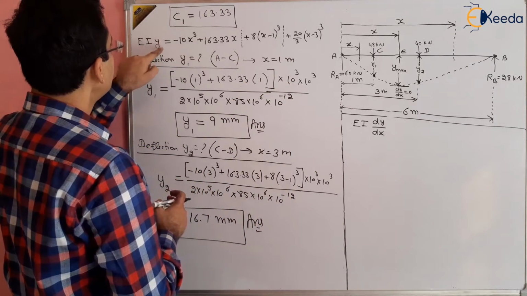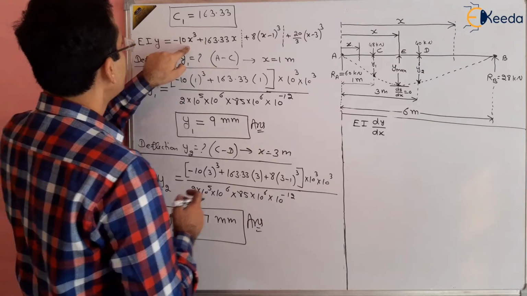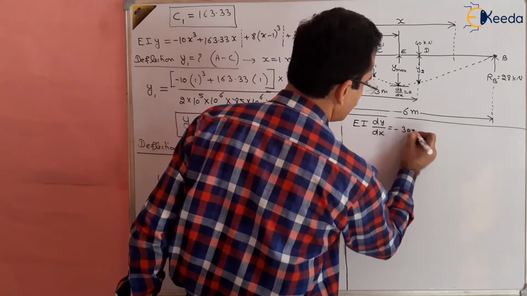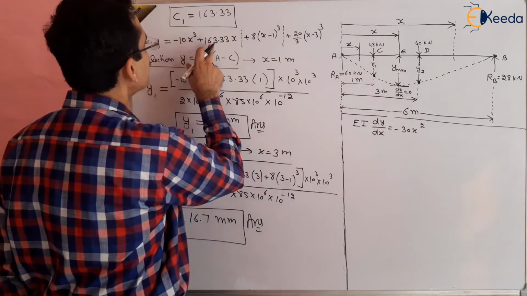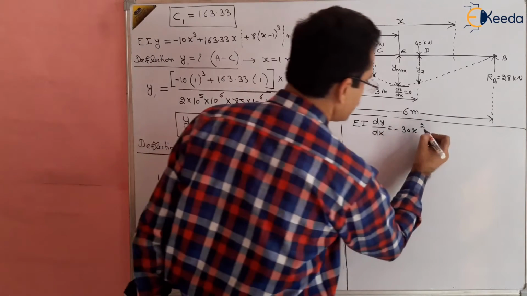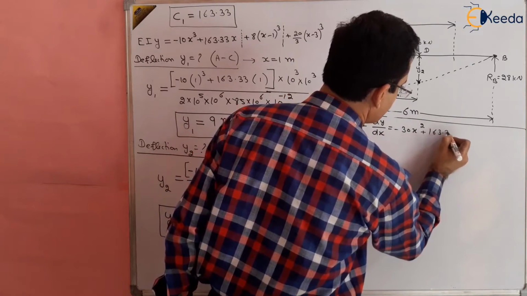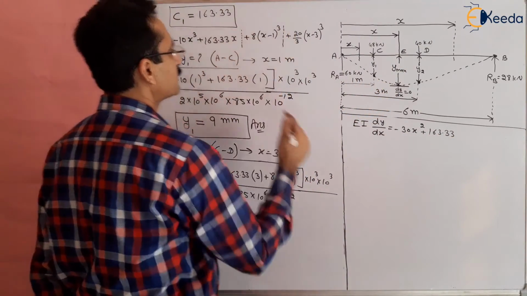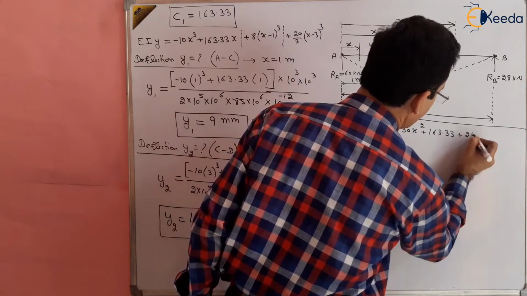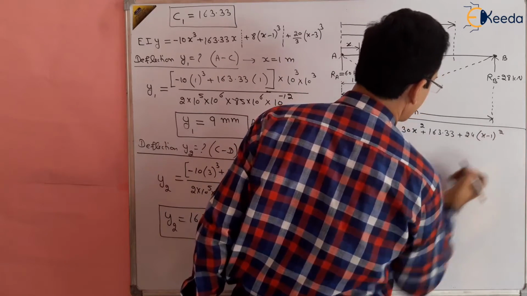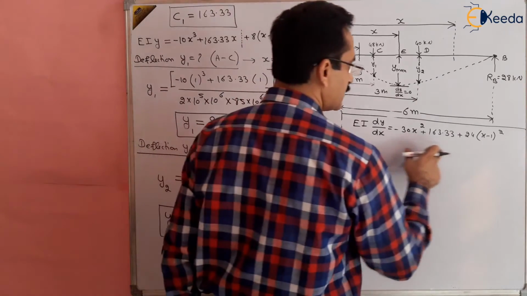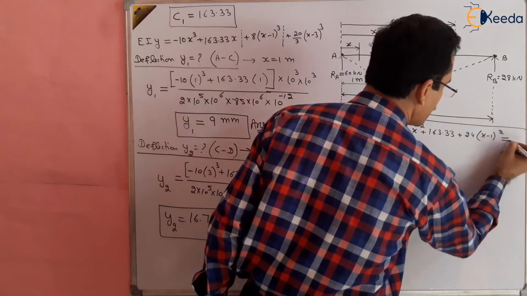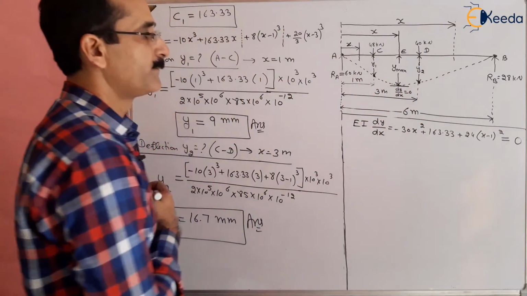So differentiate it, EI dy by dx, the differentiation of this will be minus 30 x square plus 163.33, and the differentiation of this, that is 8 times (x minus 1) whole square, right? So we have differentiated this equation, and to get the maximum slope, this should be equal to 0, right?